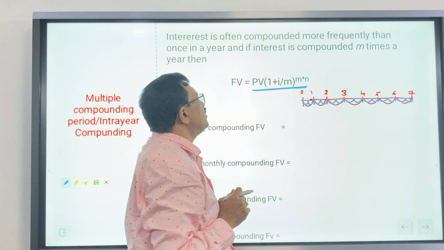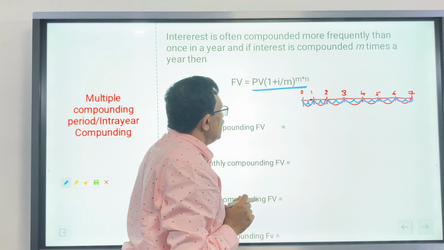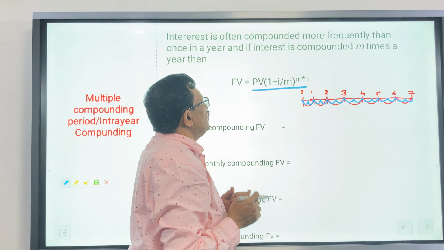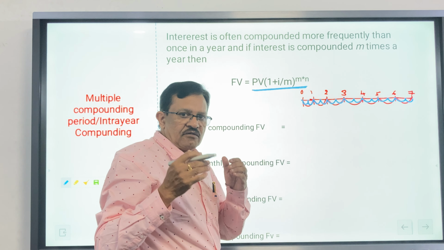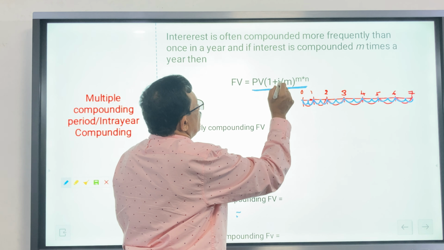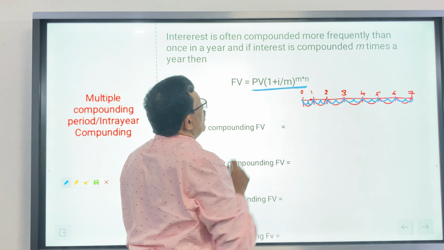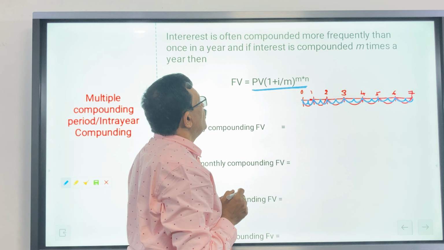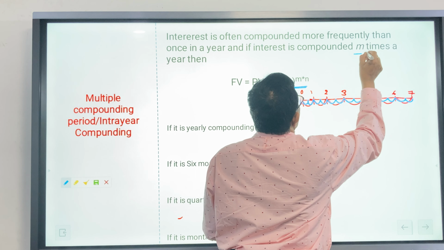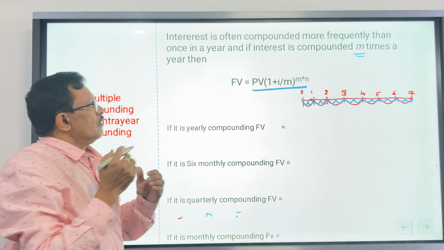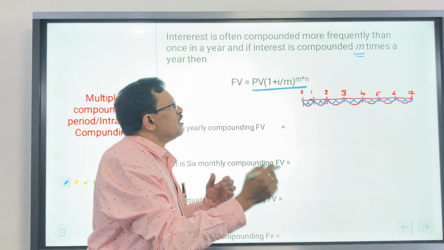Only the difference here to that of the previous future value formula is that here we are going to have a new component which is called m. M is the number of times the compounding is going to be done in a year.